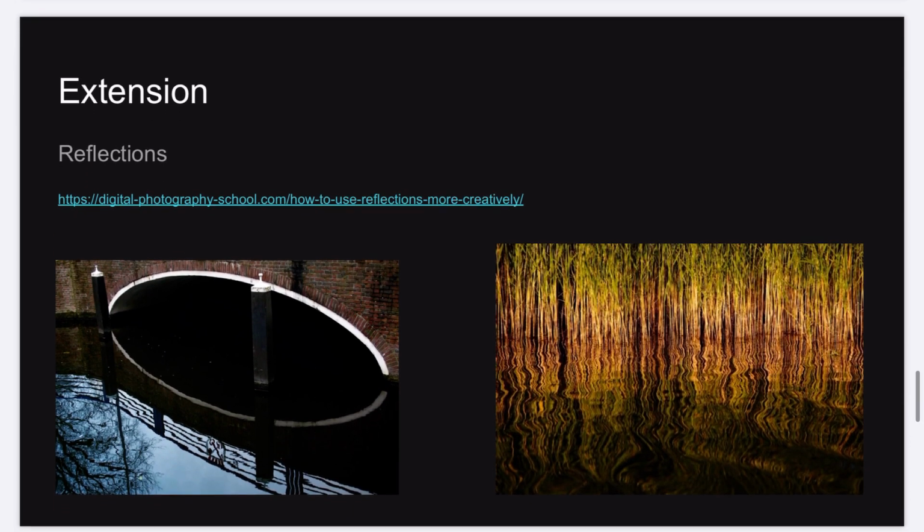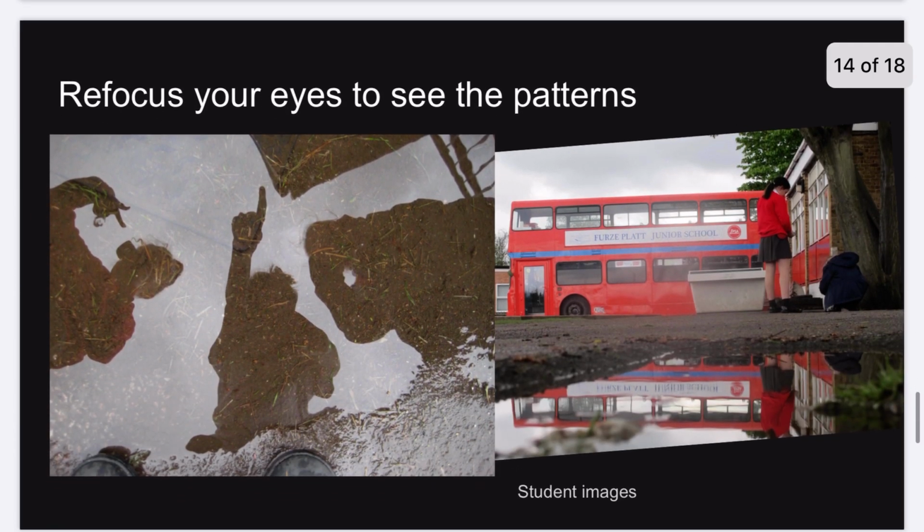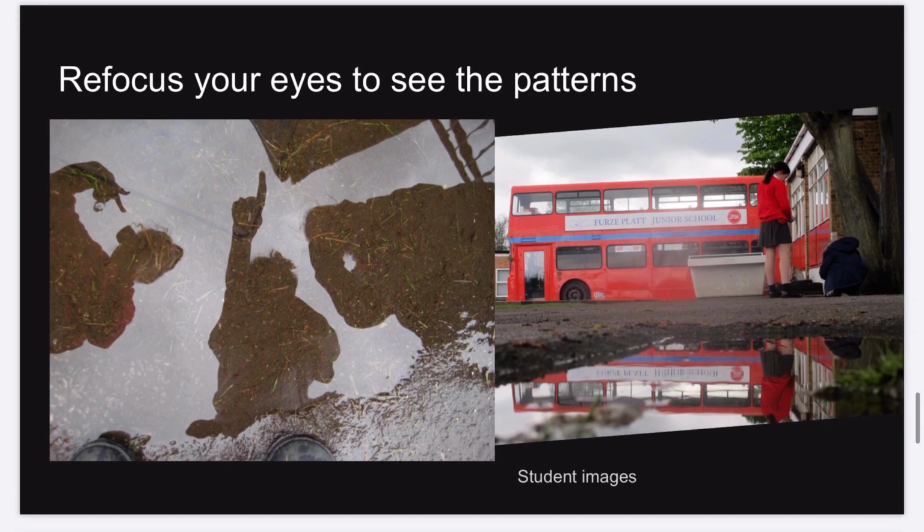So we're looking now at extending your ideas of light and shade into reflections. Reflections are typically, as we said, light bouncing all over the place. In some cases, it's like a mirror, or gives you interesting patterns or different angles, or it can trick the eye a little bit. Very useful, and you just need to refocus your eye a little bit.